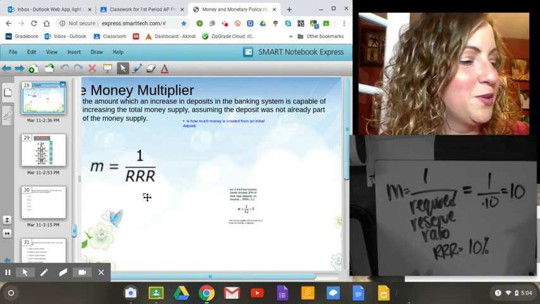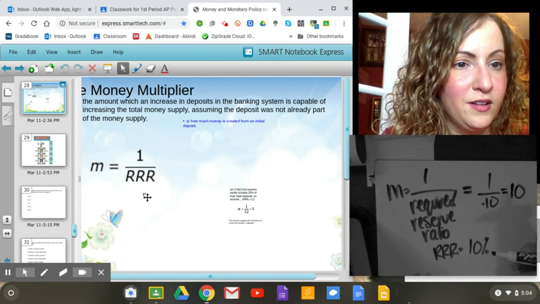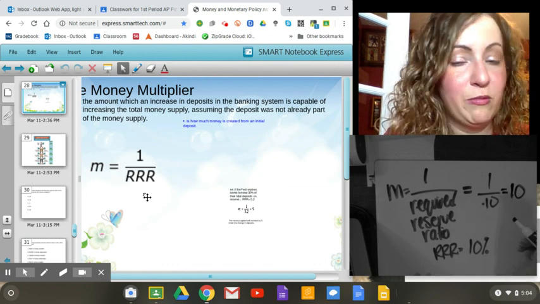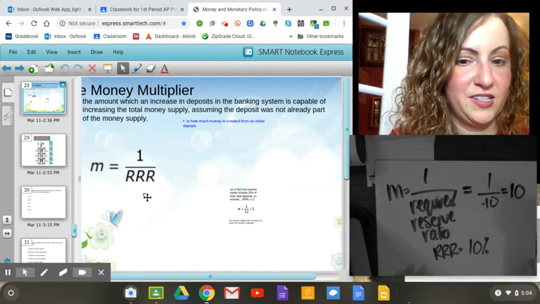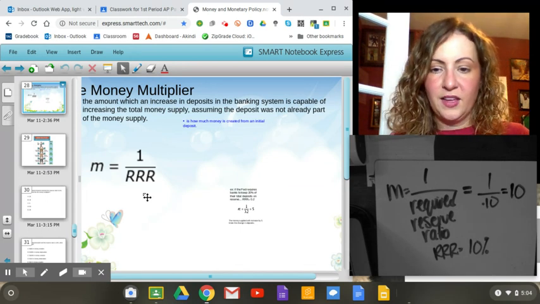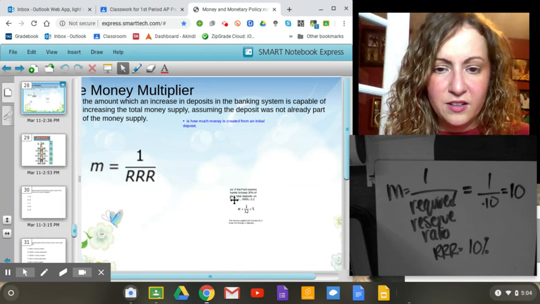The answer is 10. The money multiplier today in real life is 10.